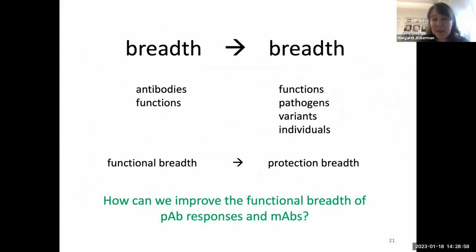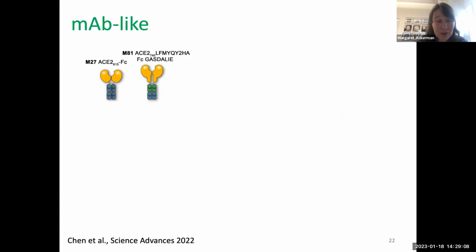Thinking through how to achieve functional breadth in the context of monoclonal and polyclonal responses, the way that Marzena approached this was to use an ACE2 Fc fusion and to engineer both the variable domain of this molecule, so the ACE2 receptor fragment, as well as the Fc domain.